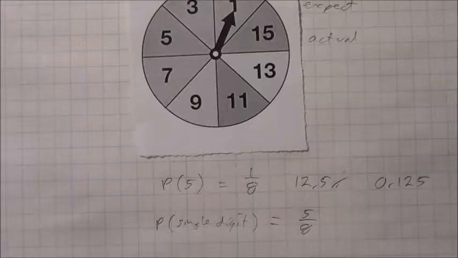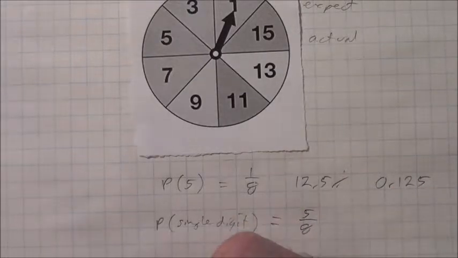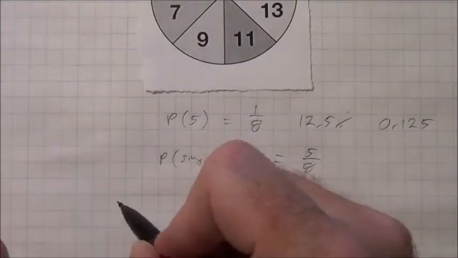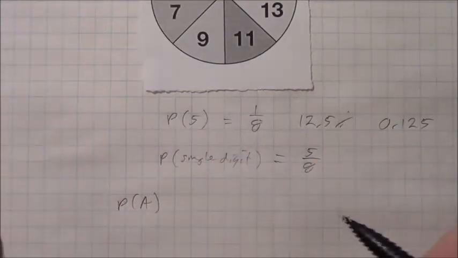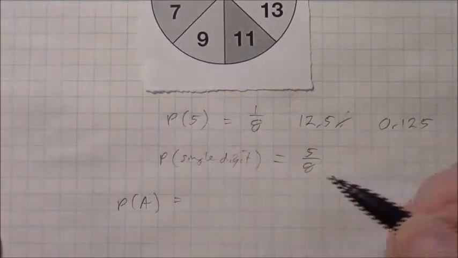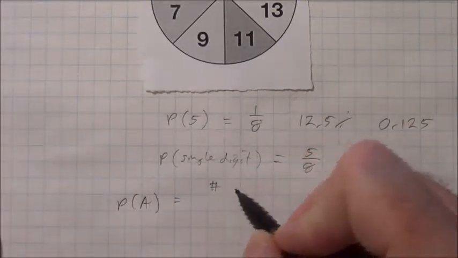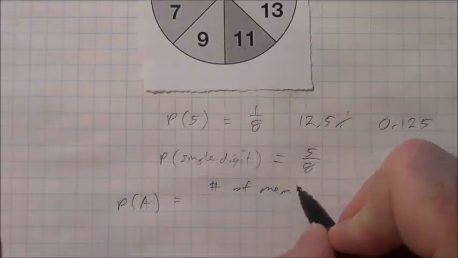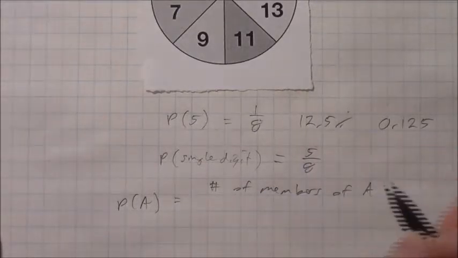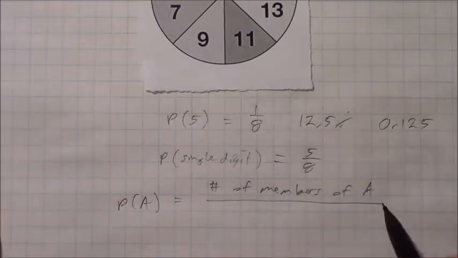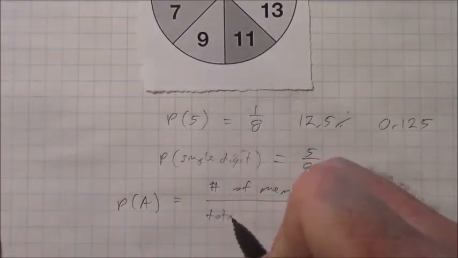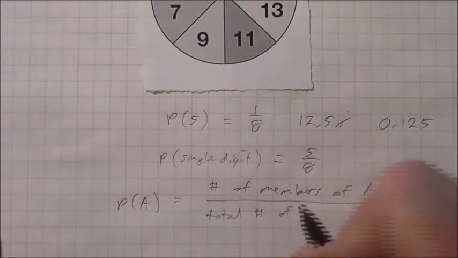So in general, for some event to occur experimentally with an equal likelihood of possible results, we can say the probability of some event A occurring is equal to the number of members of event A divided by the total number of possible outcomes.